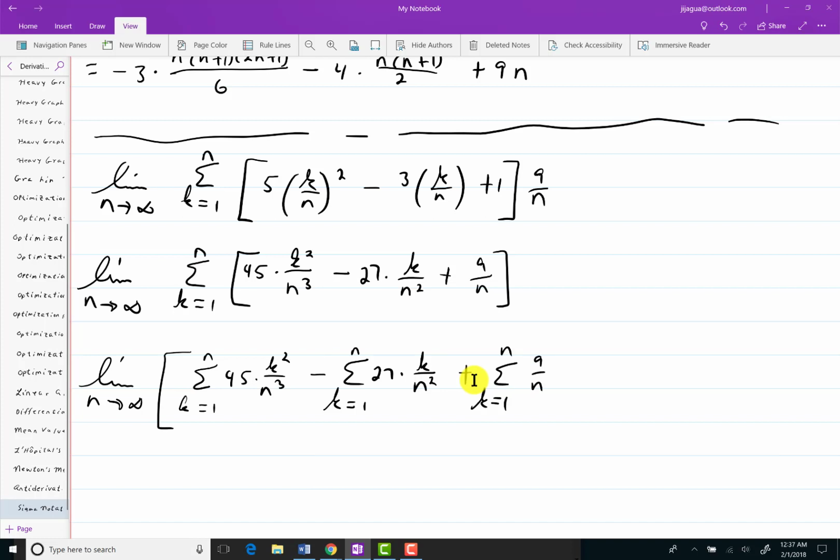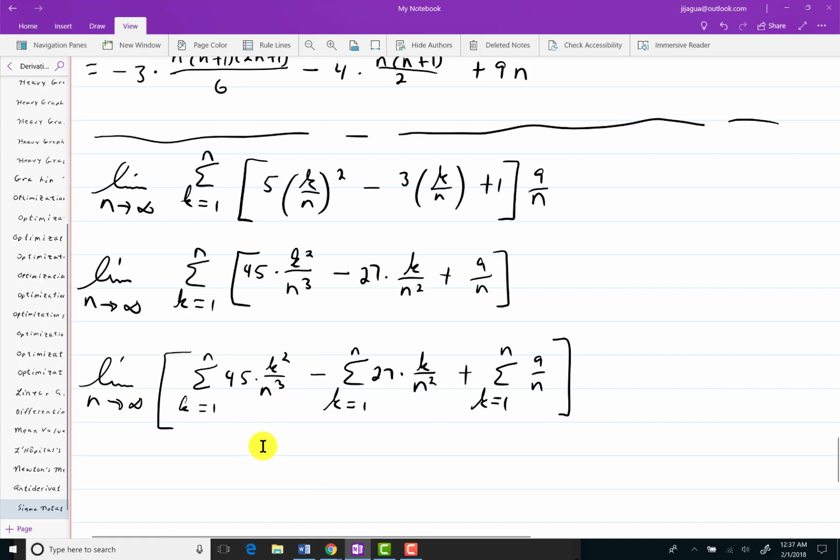Now, you have to understand in each of these, the variable is k. N is the number they're going to, so n is not a part of the counting. This n cubed will be the same whether k is 1, 2, 3, whatever.